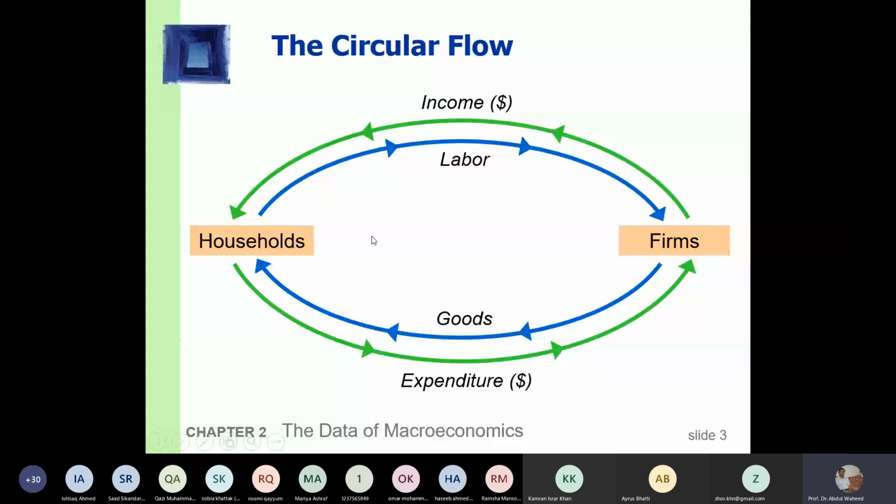Then if we include the foreign sector, it becomes a complete four-sector circular flow, where foreigners buy your goods and domestic residents buy foreign goods. So we also have export and import. But right now, this is only a two-sector circular flow diagram, which is very simple.